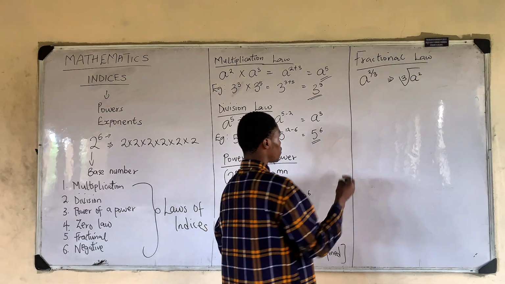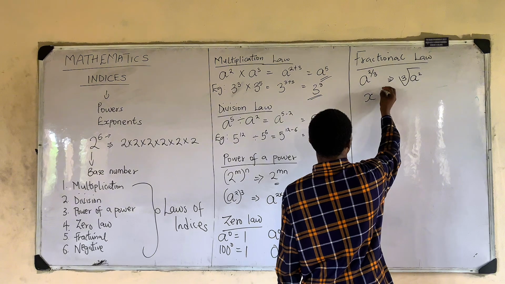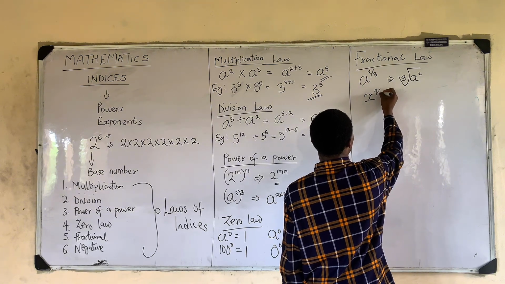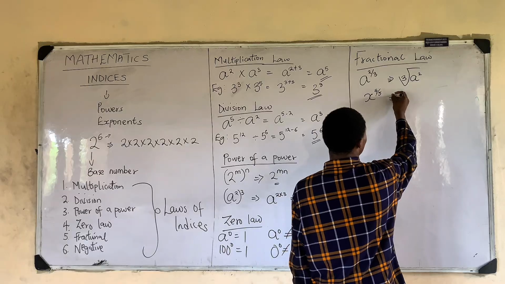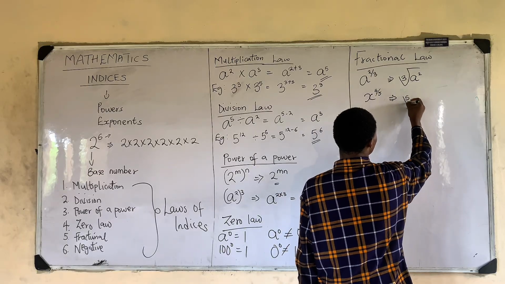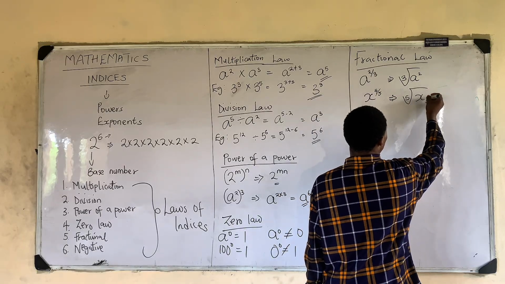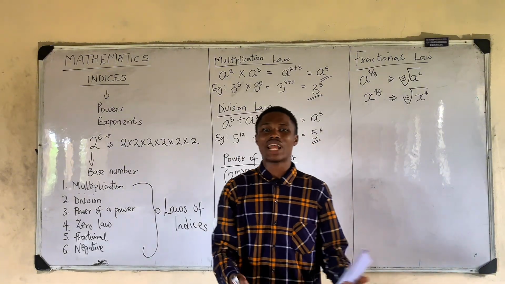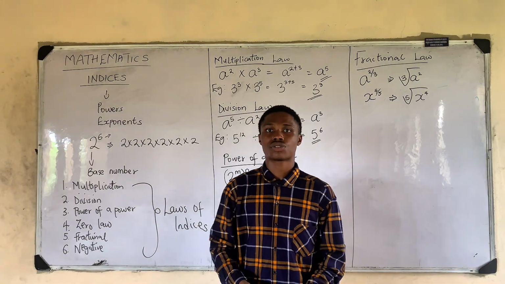So if we have x to the power of 4 over 5, this implies the fifth root of x, all raised to the power 4.